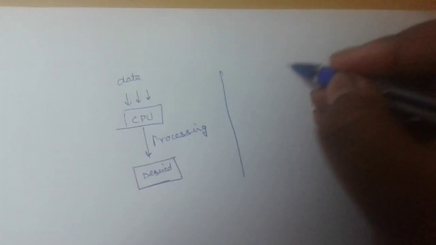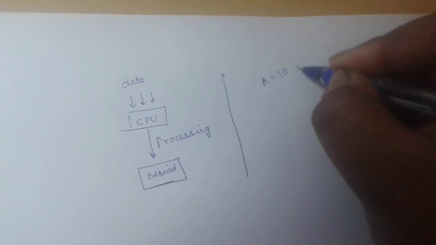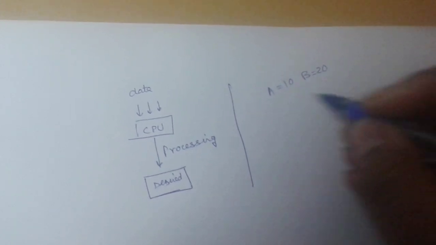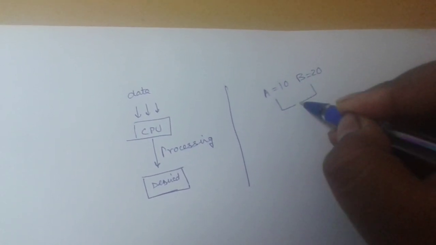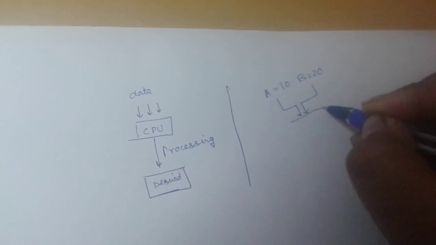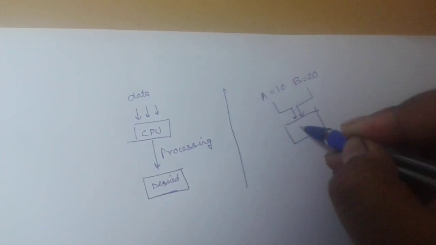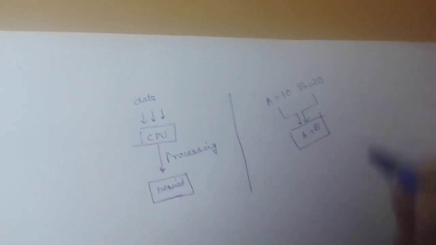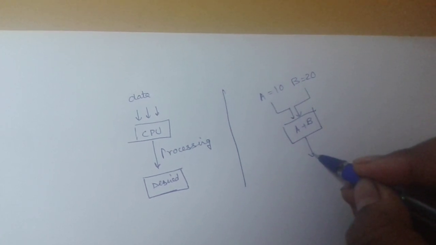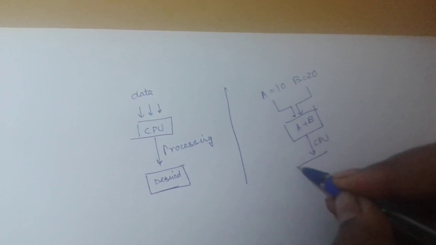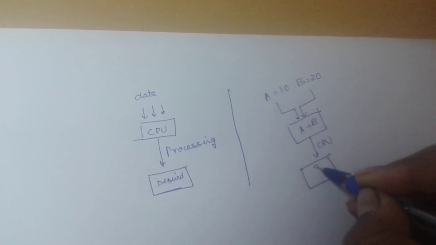Just like, for example, A is equal to 10, B equal to 20, CPU takes this data. We have to perform an operation A plus B. CPU performs this operation and produces desired result.